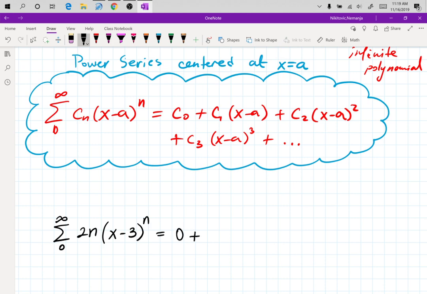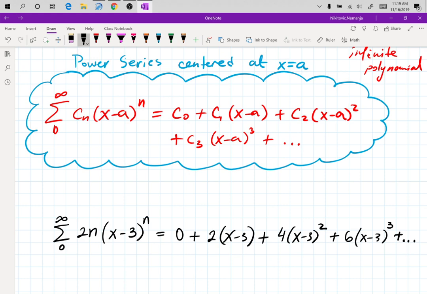And now when n is equal to 1, we get 2 times (x minus 3) plus. The next term is n equals 2. That's going to be 4 times (x minus 3) squared plus, when n is equal to 3, it is going to be 6 times (x minus 3) cubed plus dot dot dot.